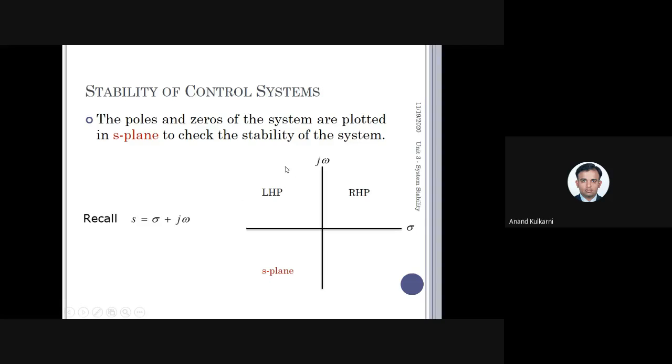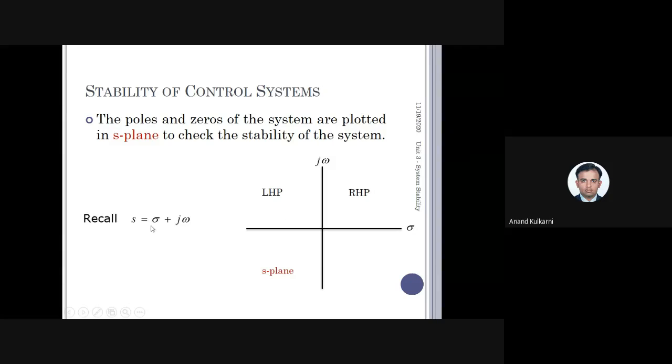So here you can see the complex plane is explained. The complex plane is represented with the x-axis representing the real part, whereas the y-axis represents the imaginary part. And this is in Cartesian coordinates, not polar coordinates. For example, S is represented as sigma plus j omega, where sigma is the real part and omega is the imaginary part.